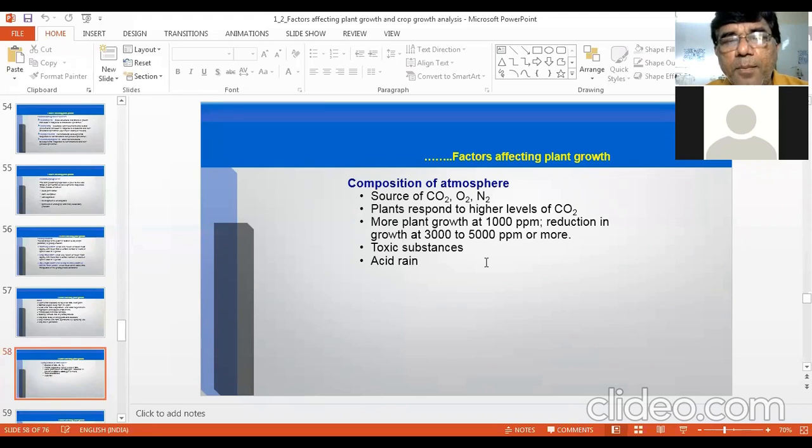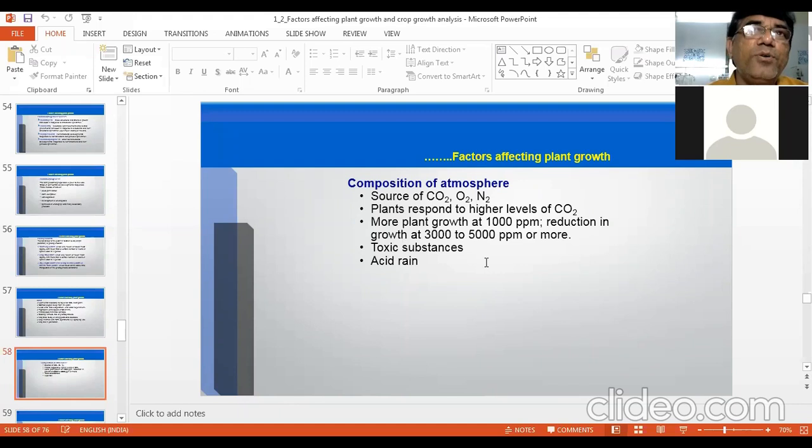People have already done some work under greenhouse conditions, and they say that plant growth is best at 1000 ppm CO2 concentration. Also, we know that it is accompanied by an increase in temperature, and respiration also increases, and we can lose some carbohydrate. But if we take CO2 standalone, it can be 1000 ppm, with reduction in growth at 3000 to 5000 ppm or more.